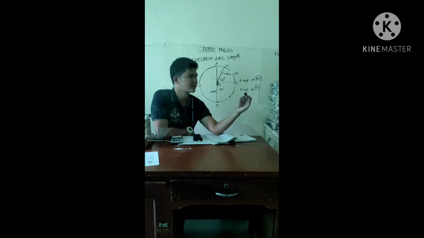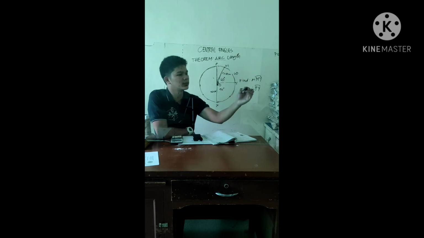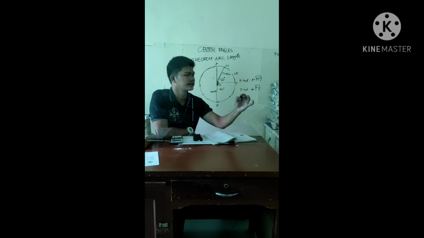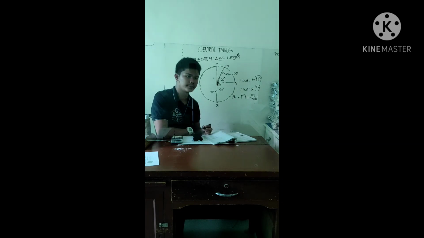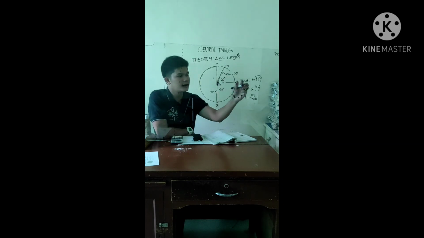So, meaning, yung arc length niya, arc length of your PY, is equal to 90 divided by 360 times 2 pi r, radius na 18.